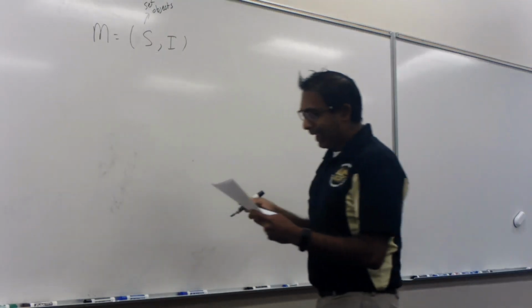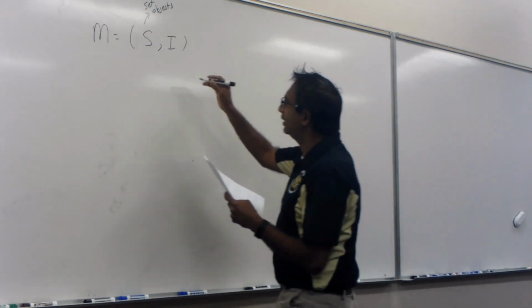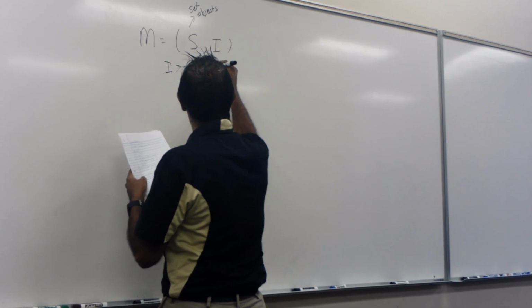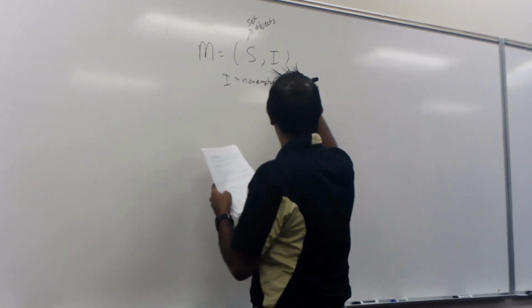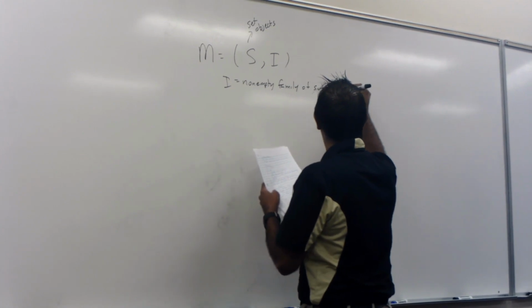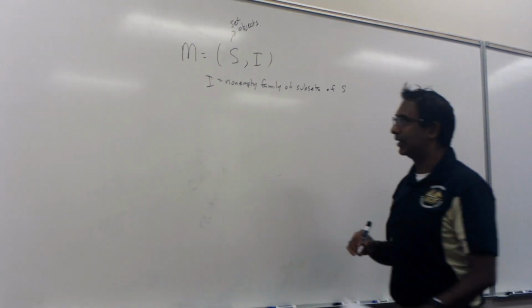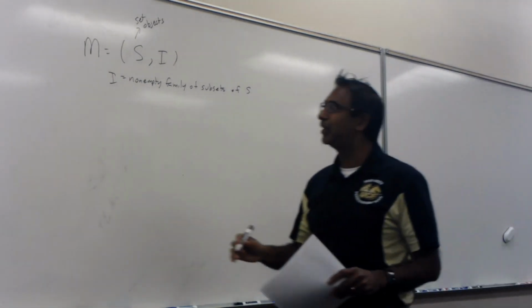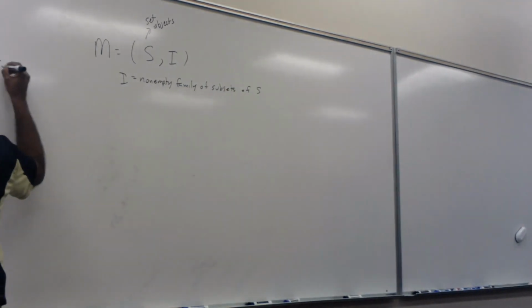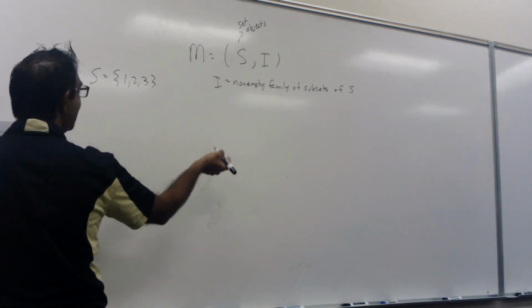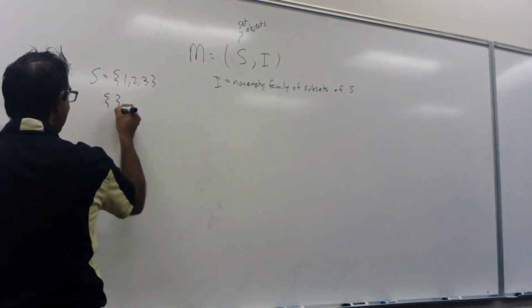Okay, and this I is going to be a non-empty family of subsets of S. Just to make sure that everyone can visualize this, at the simplest, S is something like 1, 2, 3, and then subsets of S are the 8 subsets that we would draw out.